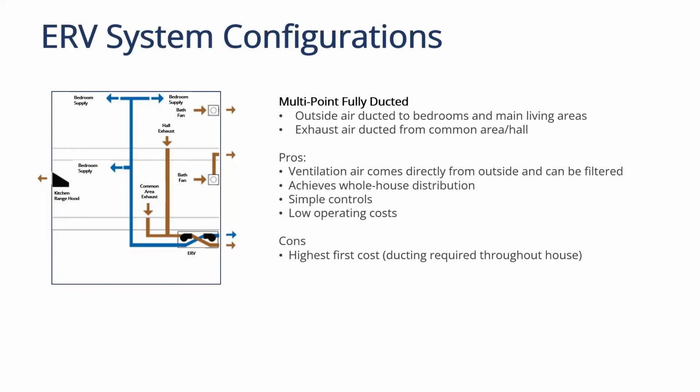So the benefits here are that you're achieving that whole house distribution, still have that simple control feature to it, and it's got a lower operating cost. The downside to it is the higher first cost, because you do have to have that ducting run throughout the living space. So that does create a little bit higher first cost for the developer.